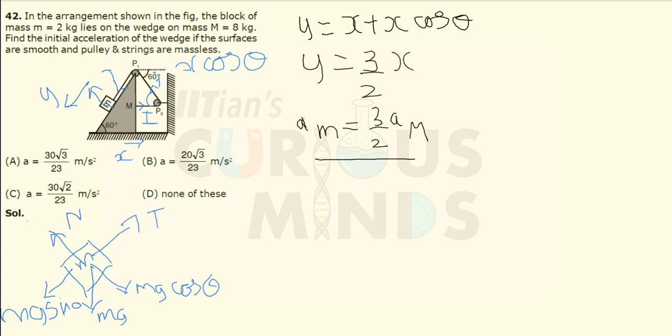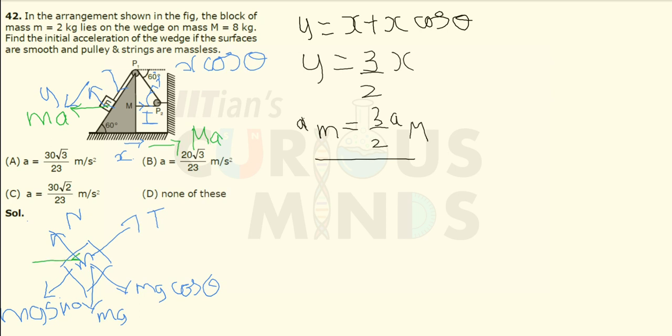Now if I consider the acceleration of block small m with respect to the wedge, there will be a pseudo force. If the wedge is going on the right hand side with the acceleration a, there will be a pseudo force which pushes this smaller block towards the left hand side, which is equal to small m a.